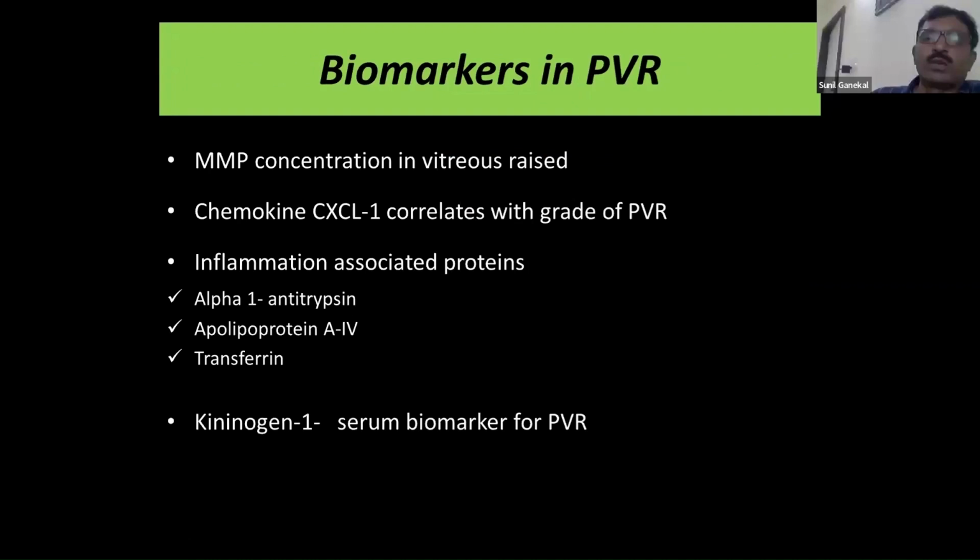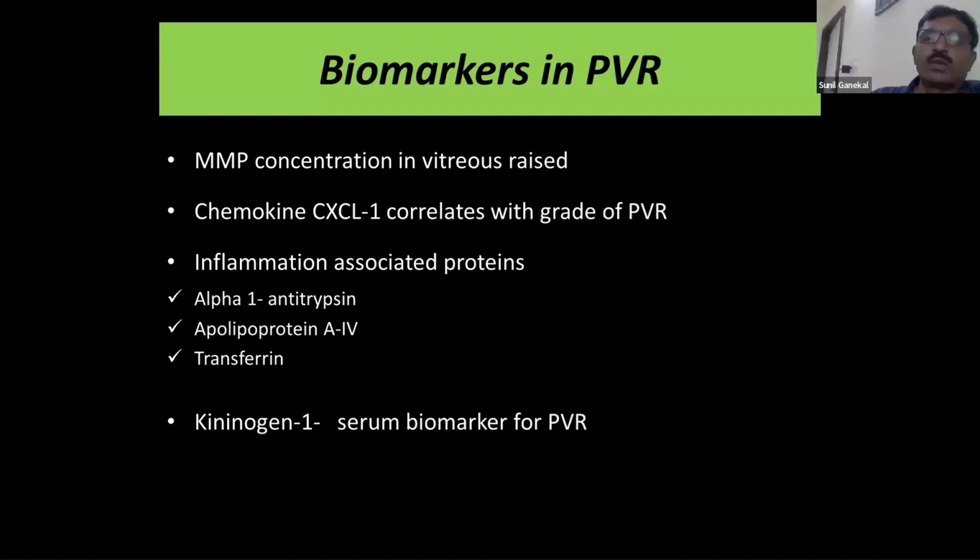As we know, matrix metalloproteinase concentration is increased in any case with inflammation, where the vitreous concentration is raised. Even the chemokine concentration. Inflammation is associated with an increase of certain proteins like alpha-1 antitrypsin, apolipoprotein, and transferrin. These are some of the biomarkers which you tend to see in PVR.